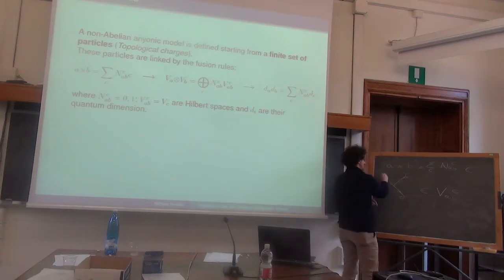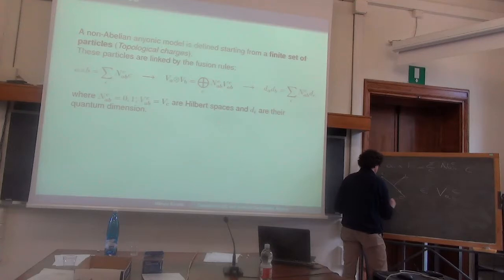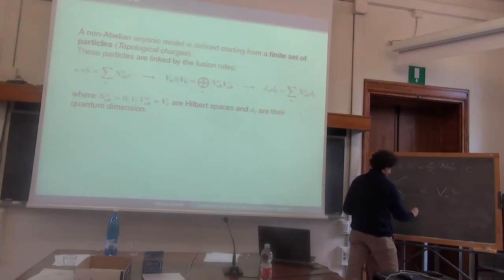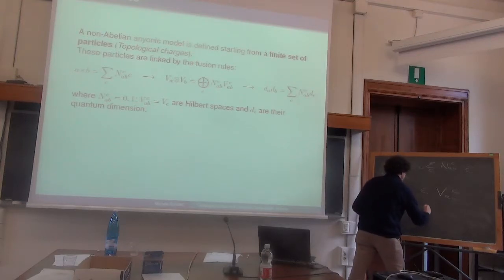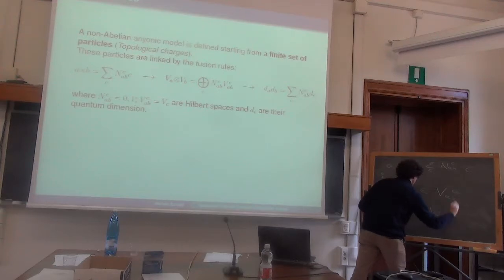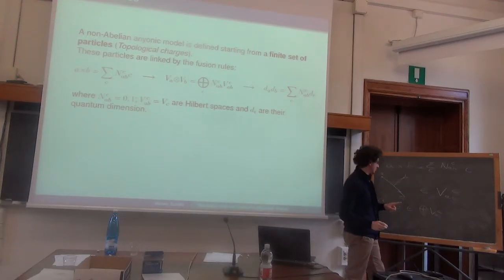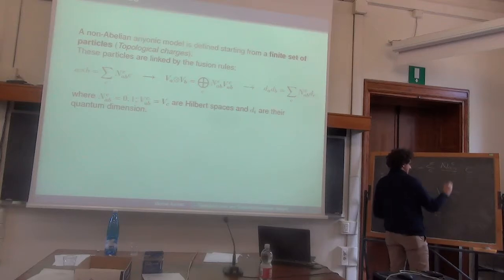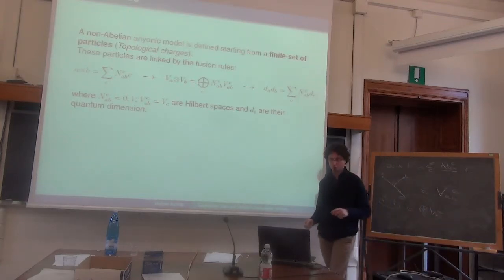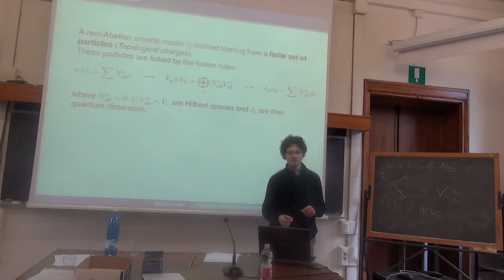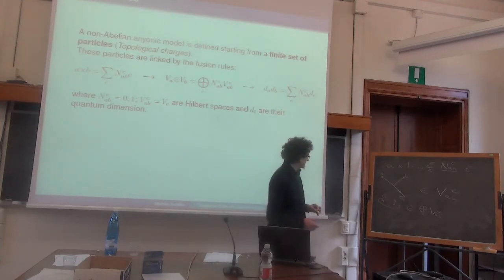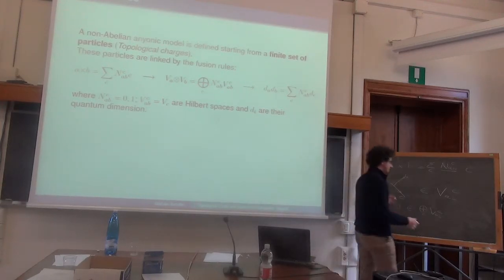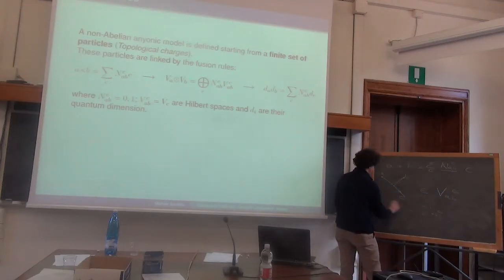And in general, if I have a pair of elements A and B, this lives in a space which is given by the direct sum of all these fusion vector spaces. And as I told you, N_AB^C gives me the dimension of this fusion space. And this is important because I can consider combining more than two topological charges.